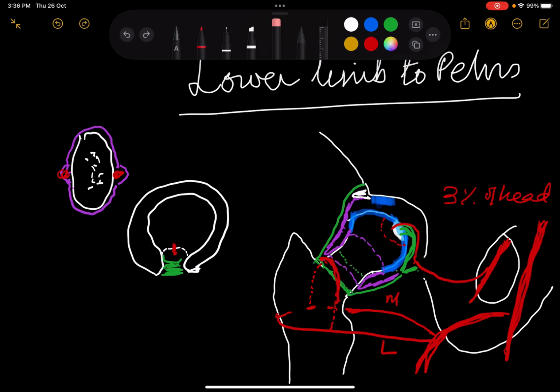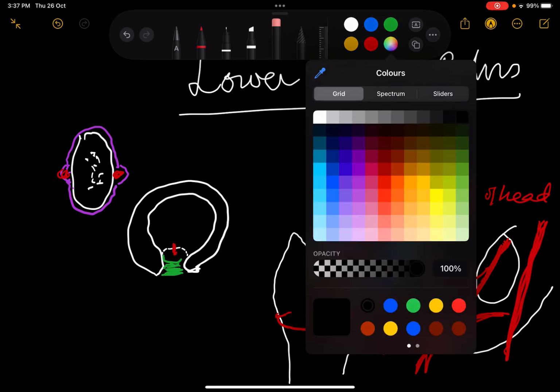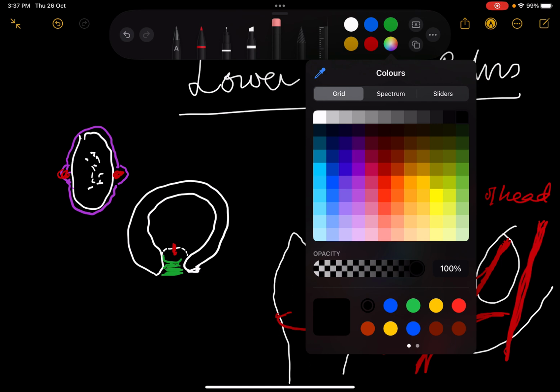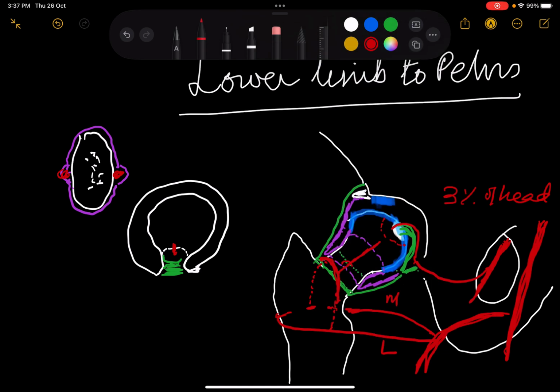gives a branch which will raise a sheet like this in the synovium.